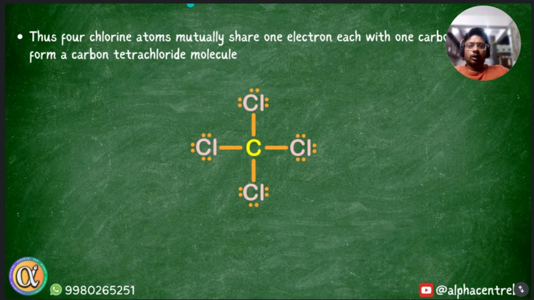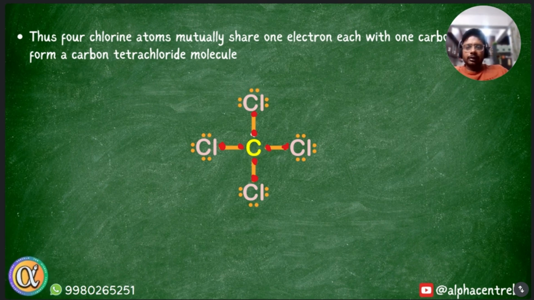Therefore, carbon and the four chlorine atoms mutually share one electron. Carbon shares all its four electrons with four chlorine atoms, which you can see in the bond diagram here. Carbon shares one electron with this chlorine, the second electron with the second chlorine, the third electron with the third chlorine, and the fourth electron with the fourth chlorine. By sharing four, carbon gets a benefit of four, so it's now 4 plus 4, 8.